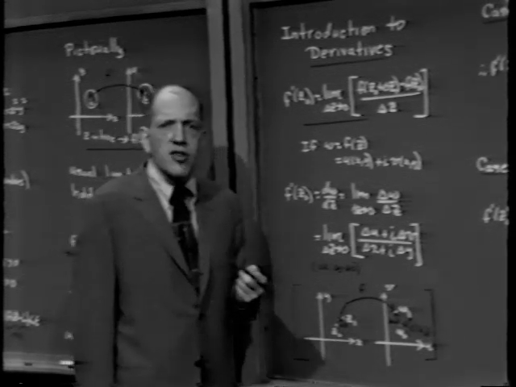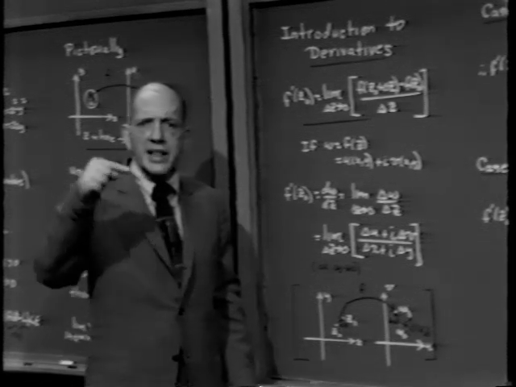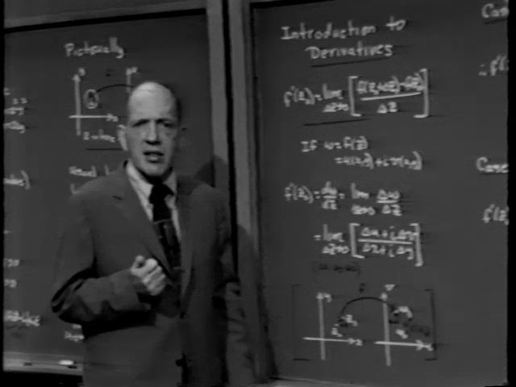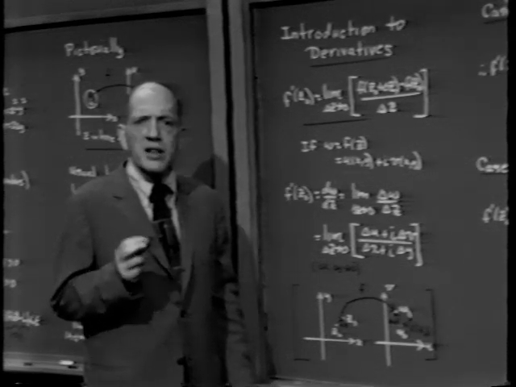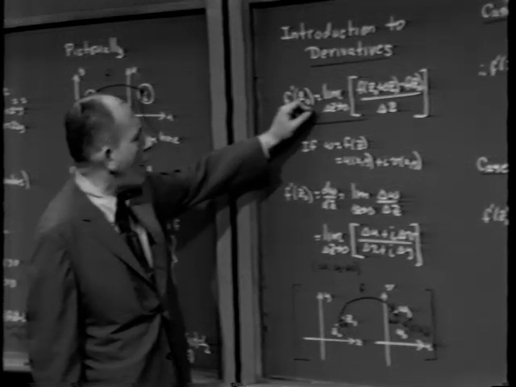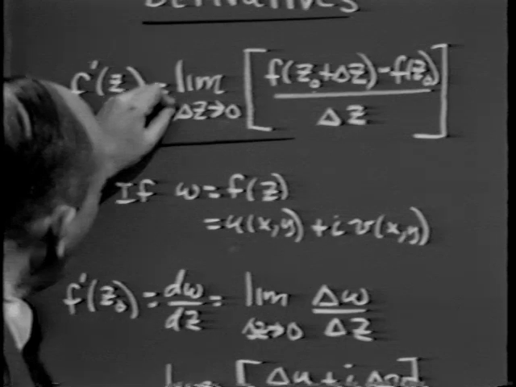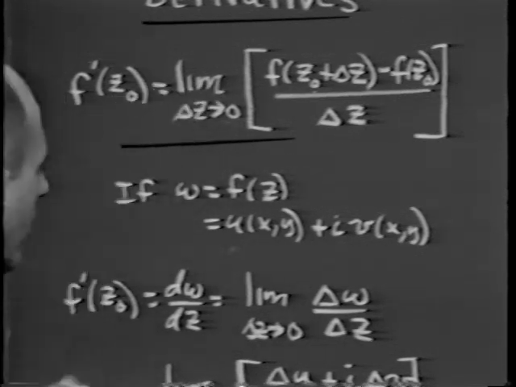You see, for a directional derivative to exist in every direction, all you require is that in each direction the limit exists, but that the limit could be different in two different directions. Notice that in our definition, this says that this particular limit must exist no matter what direction delta z approaches 0 in.